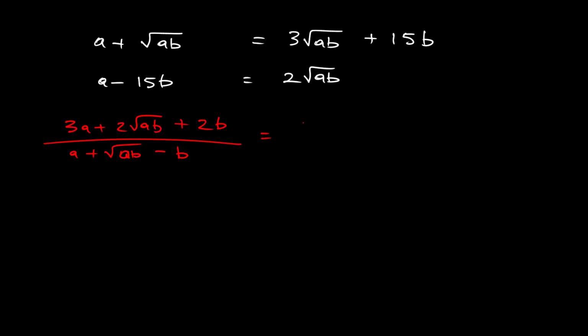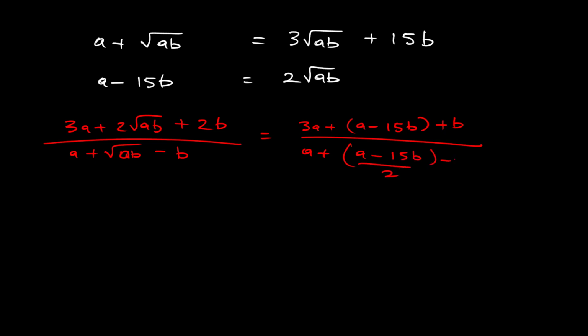That would be 3a plus, let me use a bracket, a minus 15b plus b, and this is all over a plus, let me divide by 2 because this is root ab, this is not being multiplied by 2. I could have just multiplied throughout by 2, but let me do it this way. So this is a minus 15b over 2 minus b.